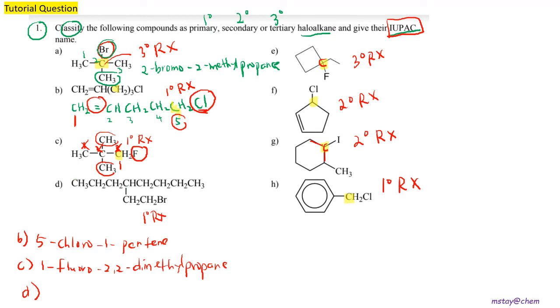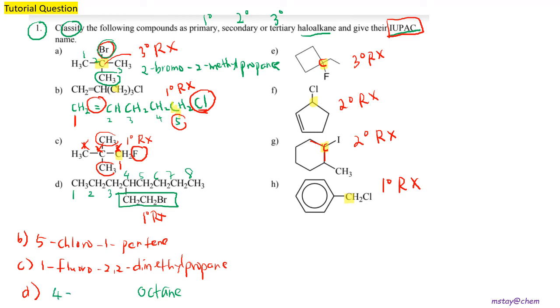Okay, so now I erase the numbering here. Then we go back to here. Carbon 1, carbon 2, carbon 3, carbon 4, 5, 6, 7, and 8. So we know this is octane. Octane is the parent. So at the fourth carbon here, we have a methyl. So we will put 4.